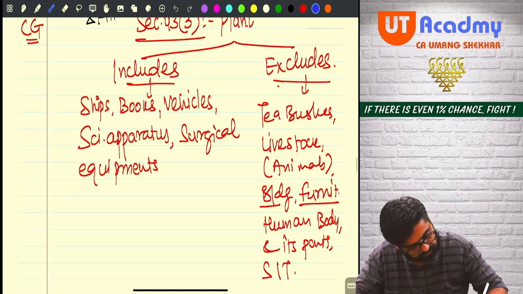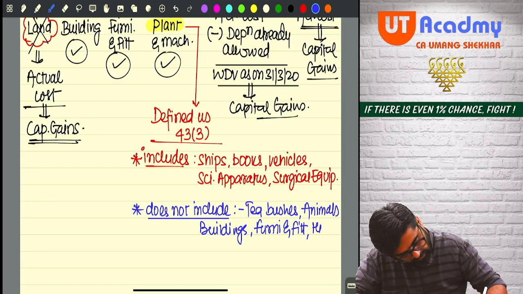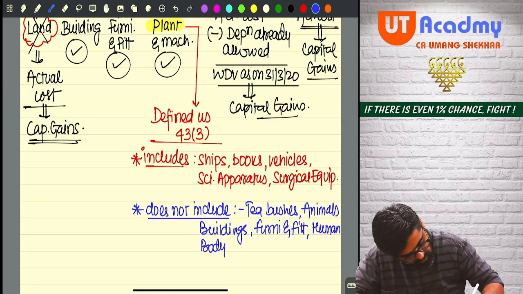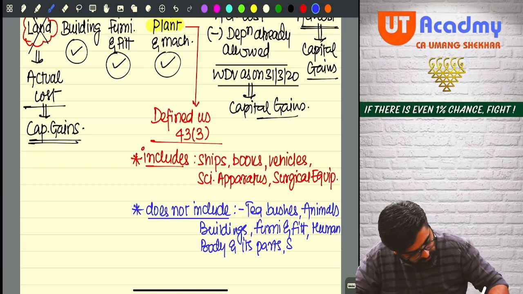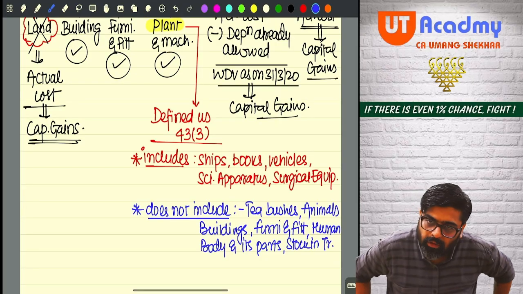Then two more: human body and its parts, and the last one, stock in trade. These are also your assets.